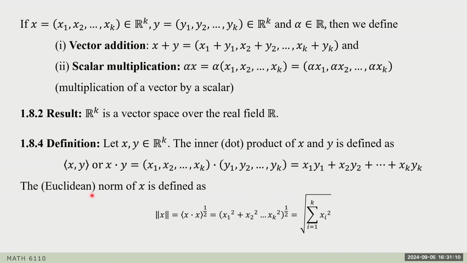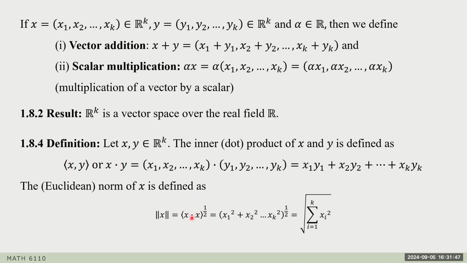The norm, or the Euclidean norm, you all will end up learning about a bunch of different types of norm. But the Euclidean norm is just the dot product of a vector with itself, and then you raise it to the power of a half. So I should probably remove this dot here. That dot is kind of confusing, because we're already using dot for dot product and bracket for inner product.